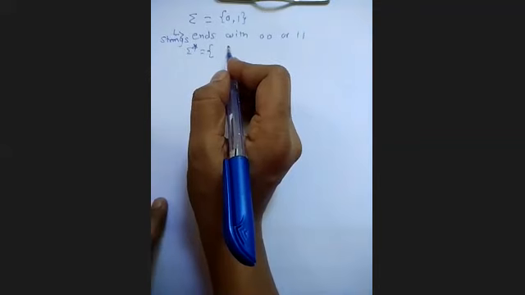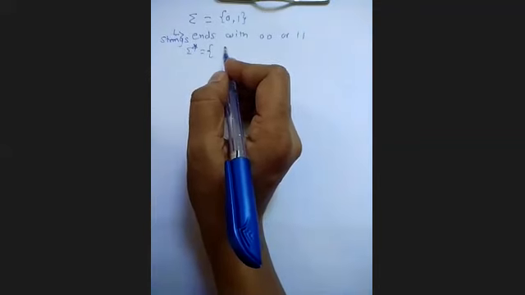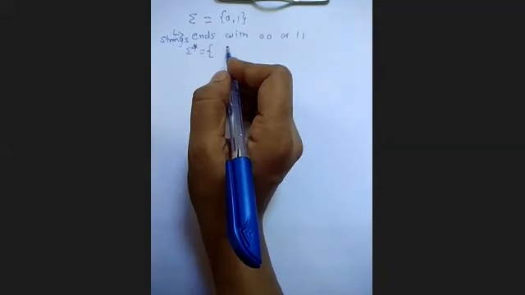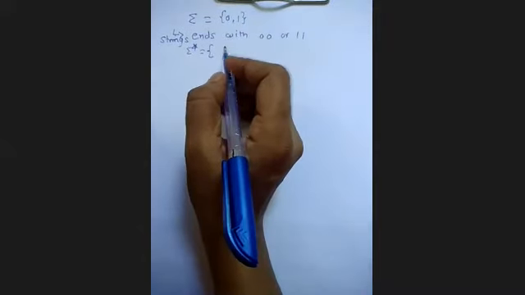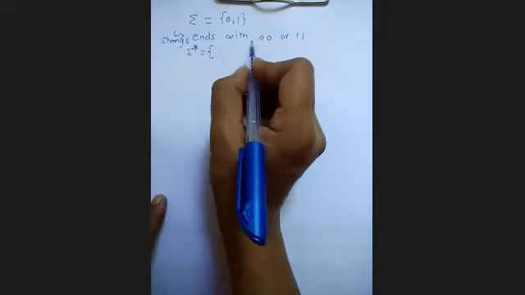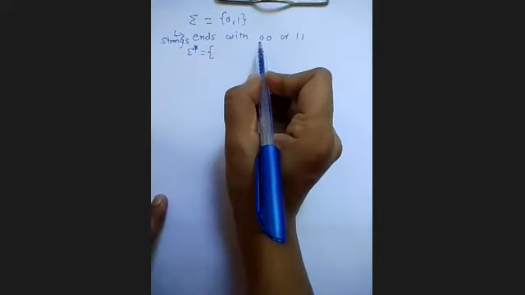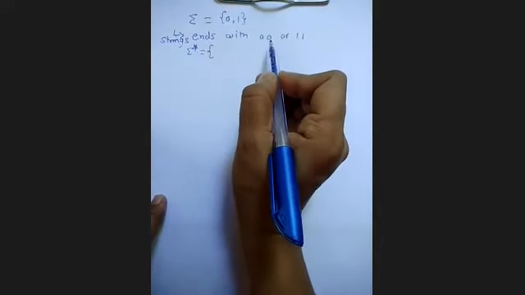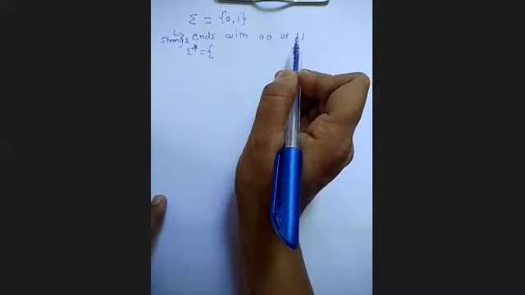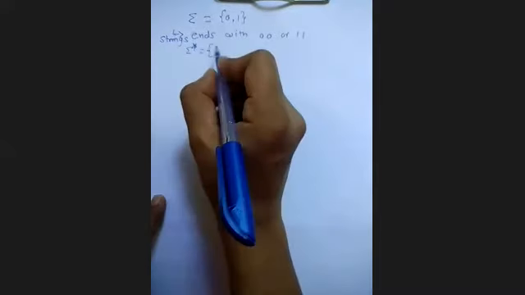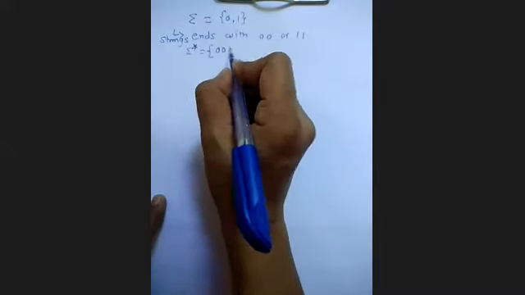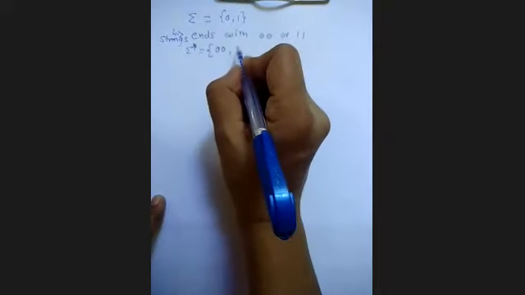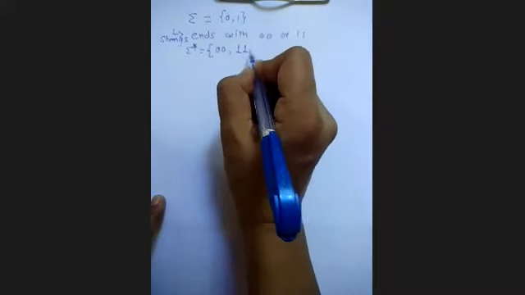It is not acceptable, correct? So strings of length 1 are not acceptable because we want the strings ending with 0 0. So at least 2 symbols must be there, correct? And it can be 0 0 or 1 1. So the minimum length strings which are acceptable are 0 0 and 1 1.